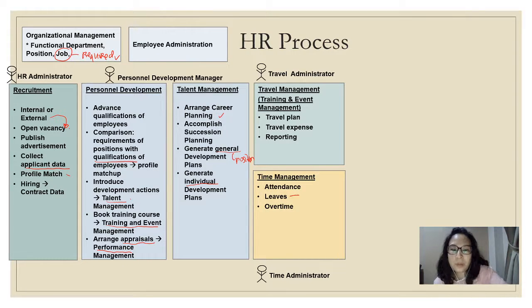Usually the leaves depend on the company and the country also. This is what we call the yearly leaves, or cuti tahunan. Usually in Indonesia, we have like 1 day leave per month, so in total you will get 12 days per year.